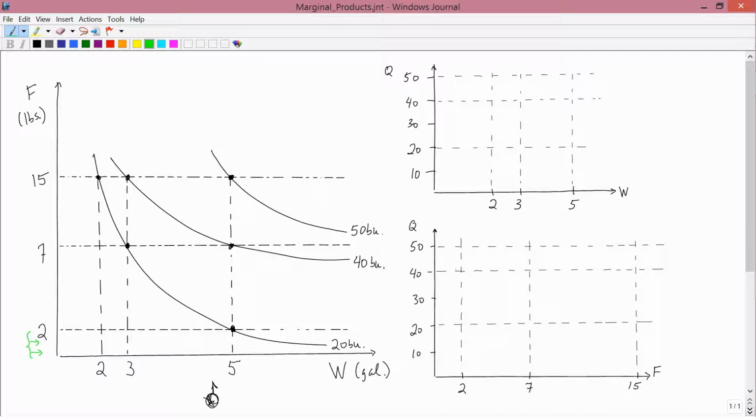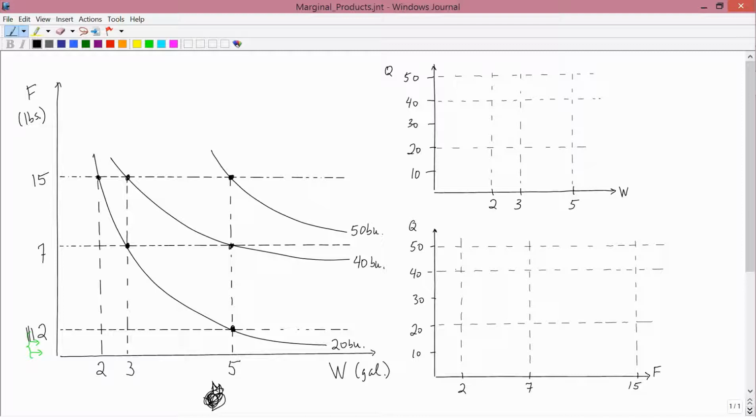And think about what the cut surface of the mountain then would appear like if you're gazing from left to right at the surface from this position down here. So that would be holding fertilizer fixed at 2 pounds, and going from left to right, that is varying water, and then seeing how corn output changes.